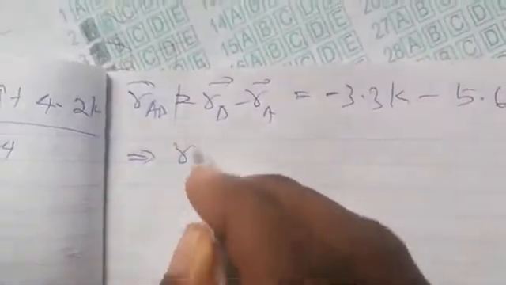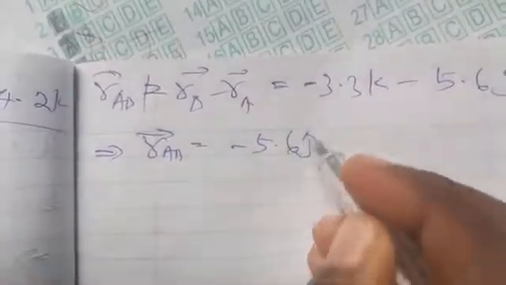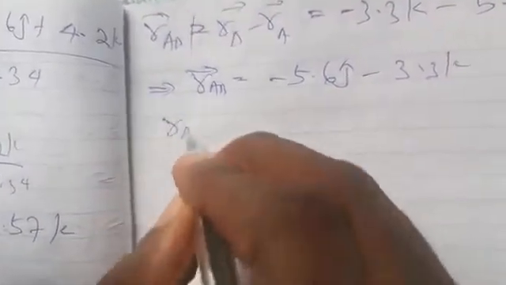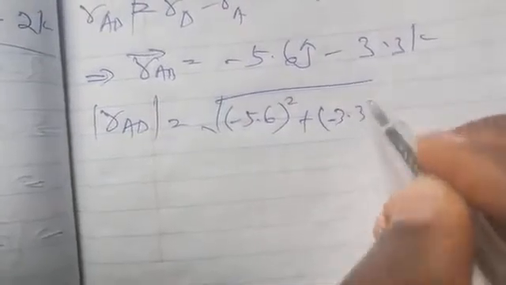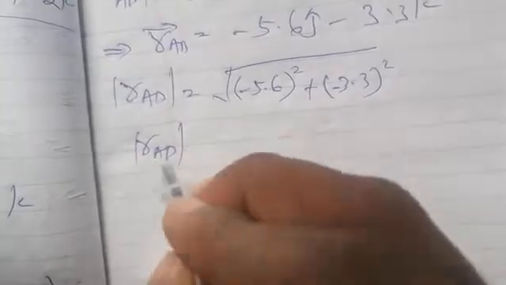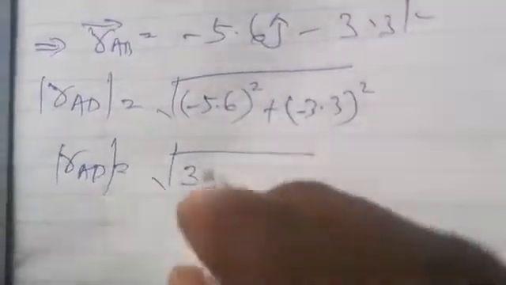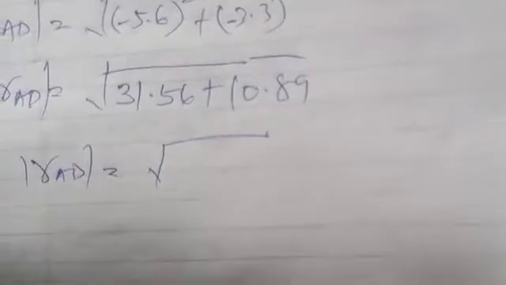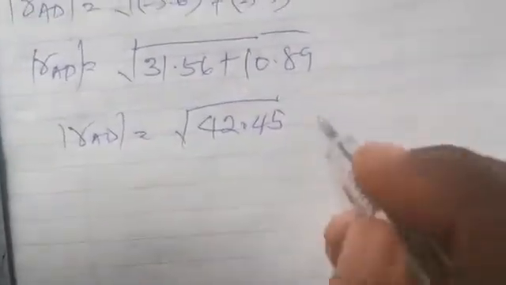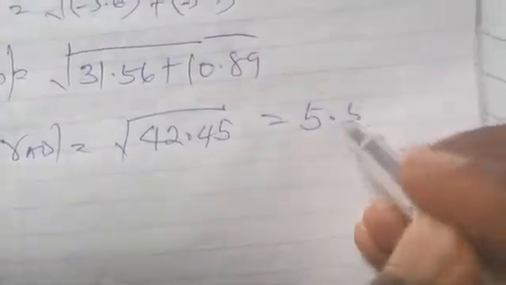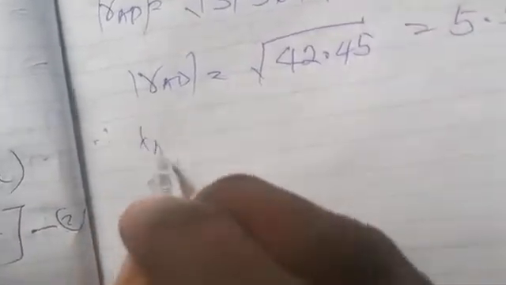So the position vector r_AD is simply minus 5.6j minus 3.3k. The magnitude of r_AD is the square root of minus 5.6 squared plus minus 3.3 squared. That's 31.36 plus 10.89, and summing them up gives 42.45. So we obtain the square root of 42.45.